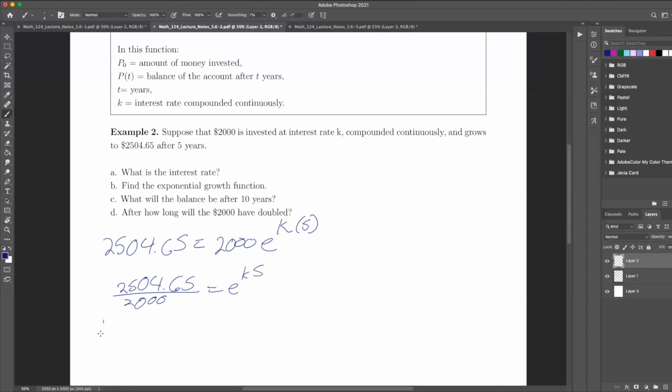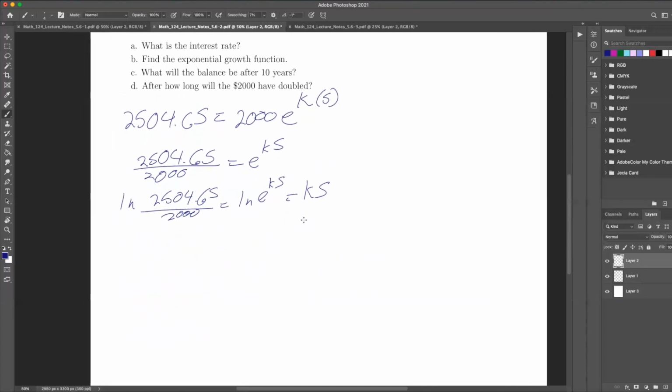Next thing we want to do is take the log of both sides. So I have ln of 2504.65 over 2,000 equals ln of e to the k5, which of course just equals k5, or 5k, I guess. And then so k is equal to 5 times, or nope, I'm a liar.